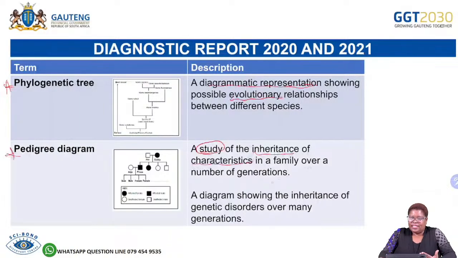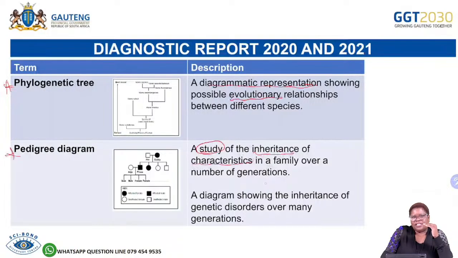So this would make sense, where we say it is a study of inheritance of characteristics in a family over a number of generations. You can inherit some characteristics from your grandparents that are not visible in your parents, but they are visible in you.